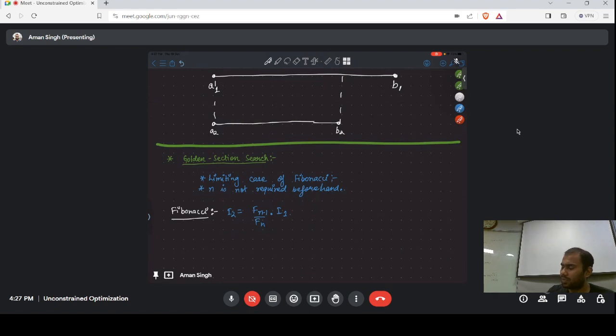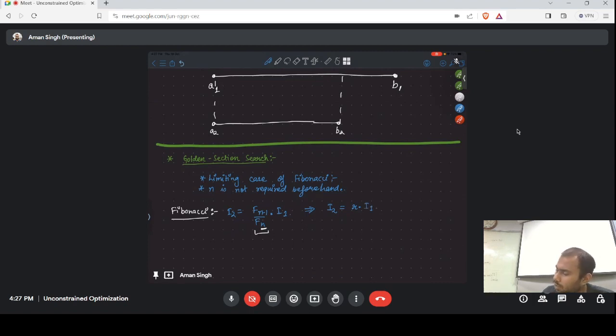Because I2 is equal to F(n minus 1) upon F(n) into I1, that's why we require this n beforehand, so that we can calculate F(n) and F(n minus 1) and hence determine the first lambda and mu, the first 2 points inside the interval. So this is the reason why n is required beforehand. We can remove this if we limit this to I2 equal to some constant r times I1.